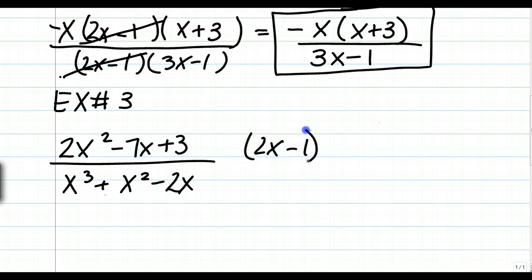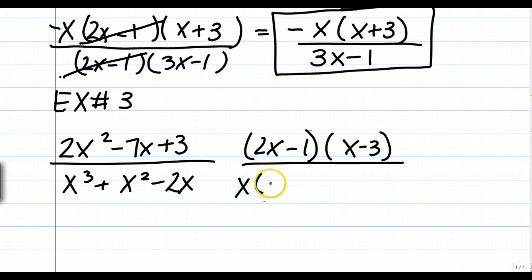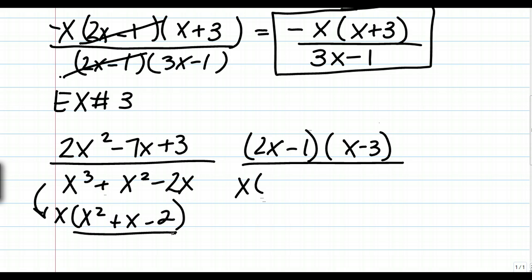And again, to save time, I'm just going to write out what this is factored. Here we look, we have a GCF that is an x. If we take out an x, I'm just going to write it underneath, we have x squared plus x minus 2. And then we go ahead and factor that.